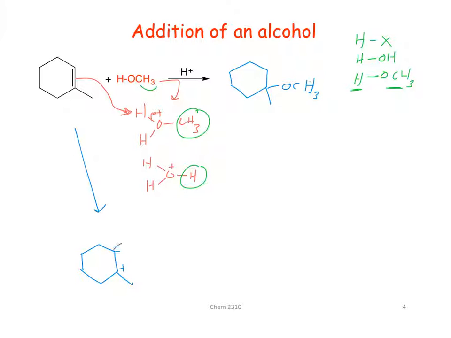We put the H over here. In the second step, the alcohol is going to react with the carbocation just like water did in the previous reaction. All right, this oxygen has two non-bonding pairs of electrons.